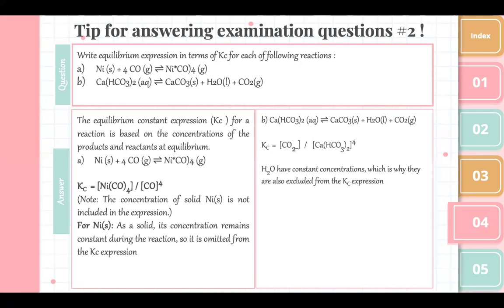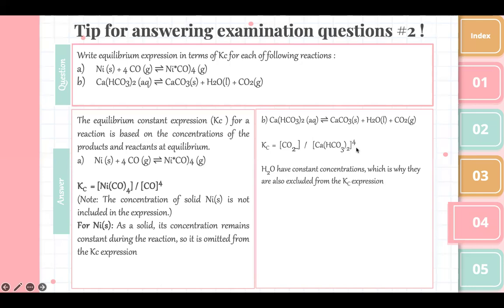And the equilibrium constant Kc is equal to the concentration of carbon dioxide divided by the concentration of calcium bicarbonate raised to the 4 power. Why is it 4 power here? Because it comes from the stoichiometry of the balanced equation.